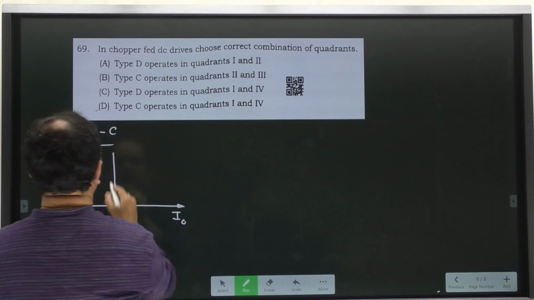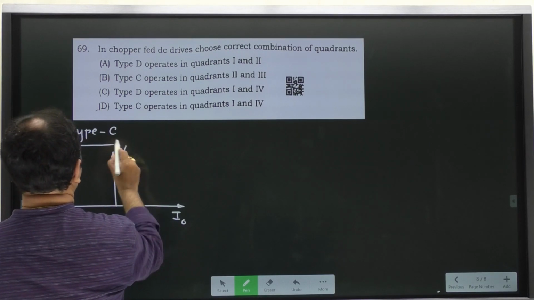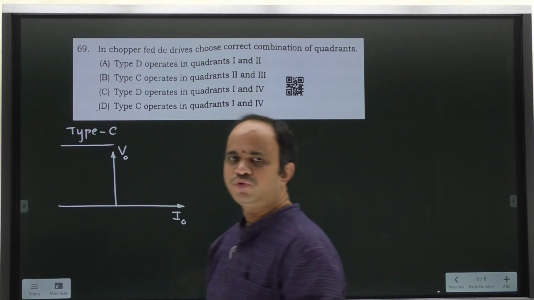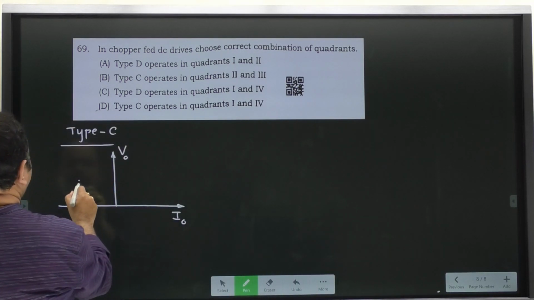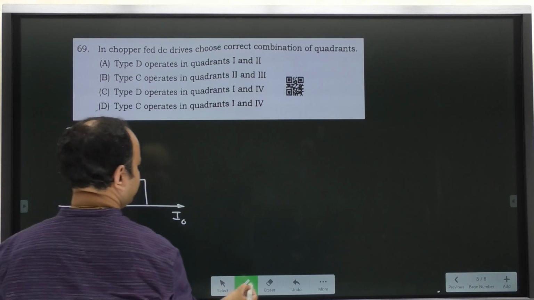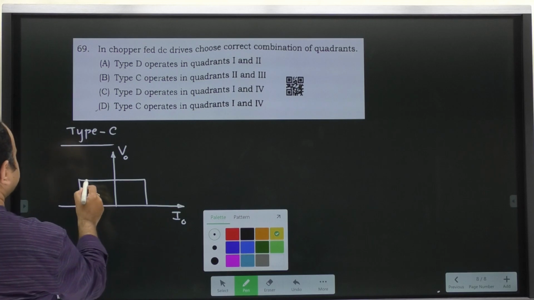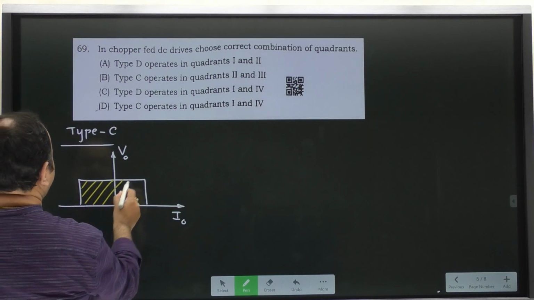Generally output current will be measured on the x-axis and output voltage on the y-axis. So in this case, type C chopper will give you the quadrants of operation, first and second quadrants.